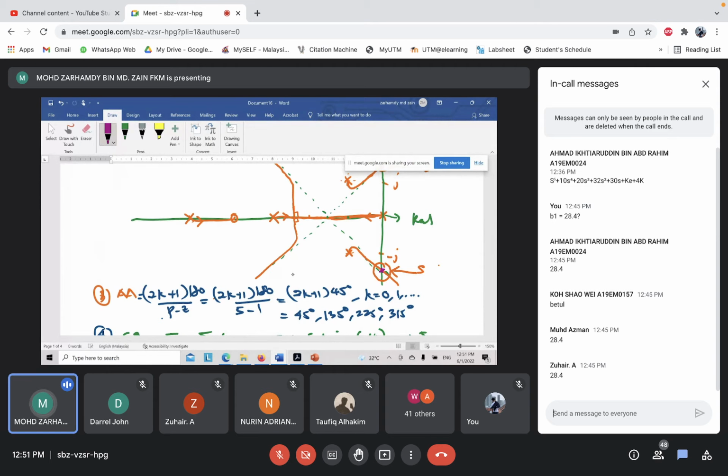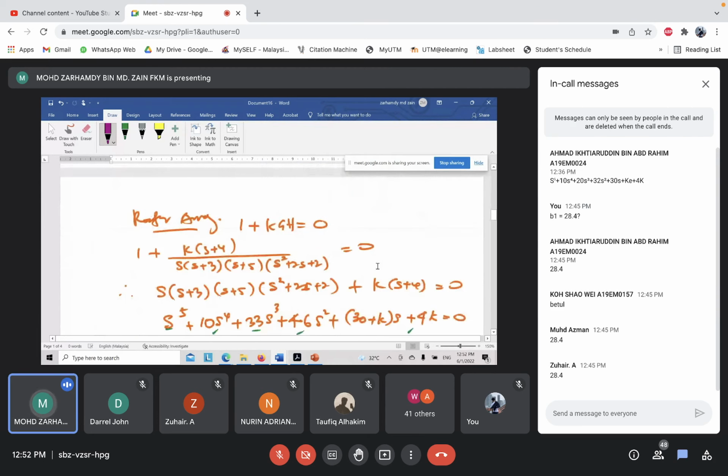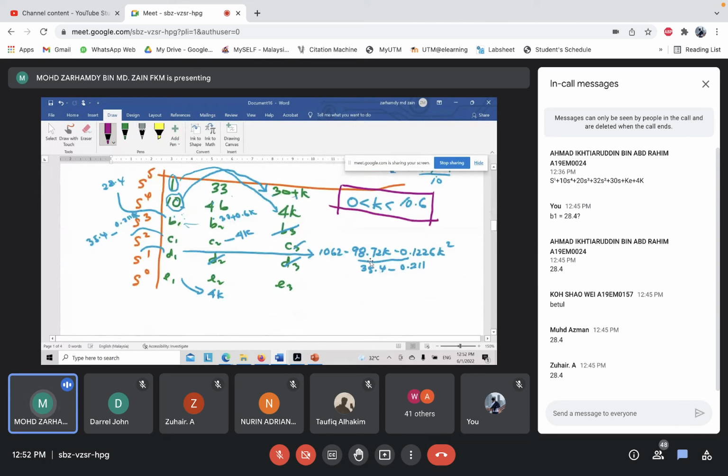We want to get the point here. So what next? This table will help us to find the point. We always concentrate on S square. If we have C3, but now C3 is 0, so we only consider C1 and C2.